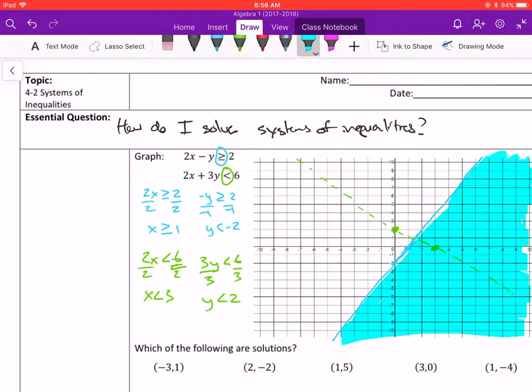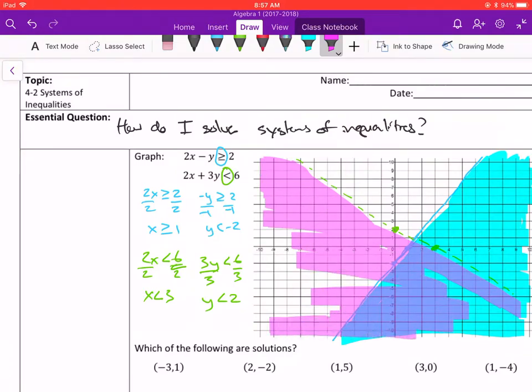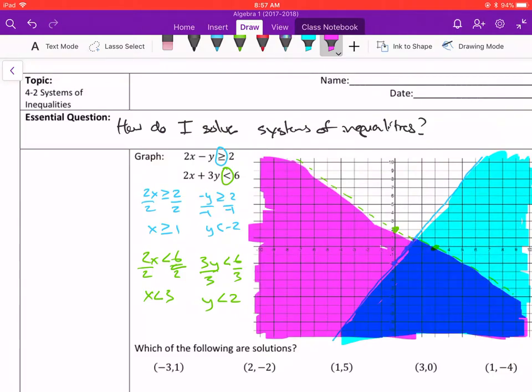Then you also want to shade less than. On the green area, you're going to shade less. I'm going to shade this in pink, less than that line over here to the left. Of course, you can go to the calculator and graph this in there, but now we know the region that is both shaded. It's that darker blue, correct?